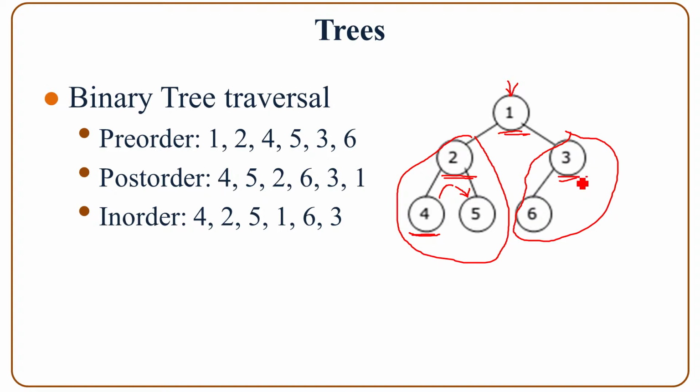In this subtree, we visit the left subtree. The left subtree has node 6, which doesn't have any child. So we visit 6.